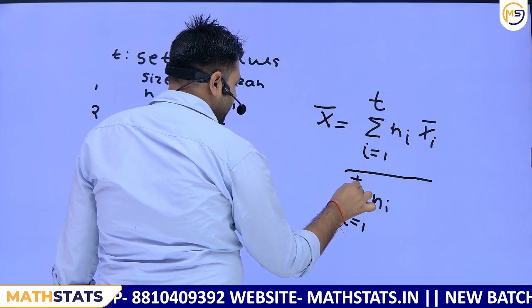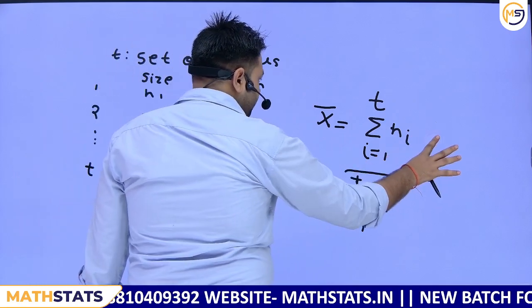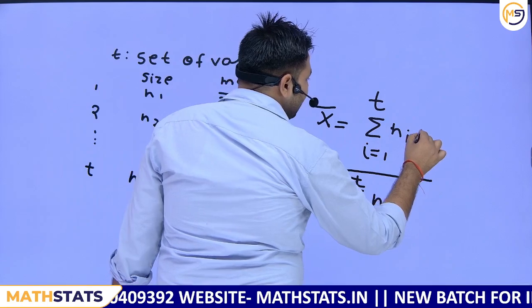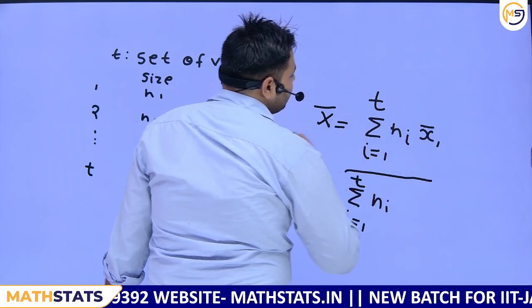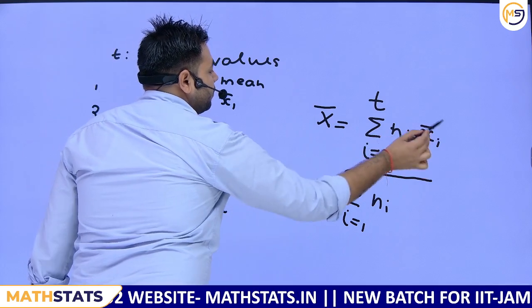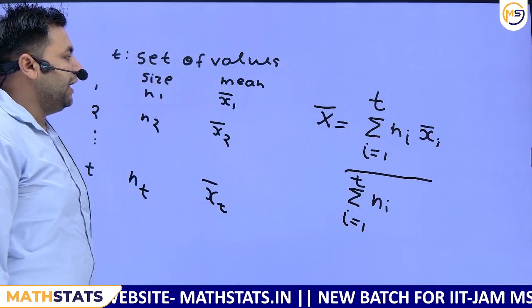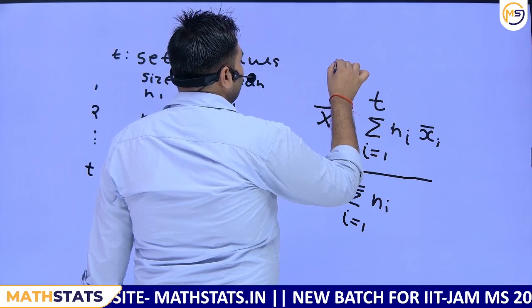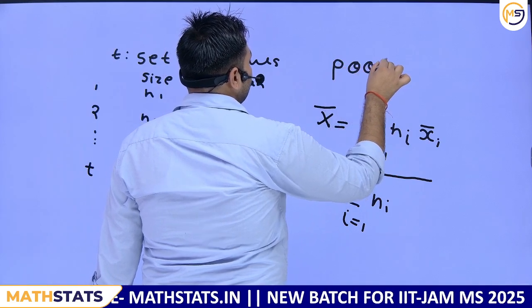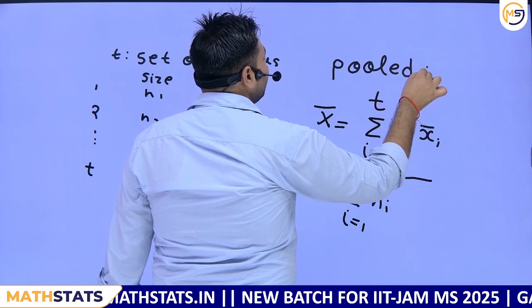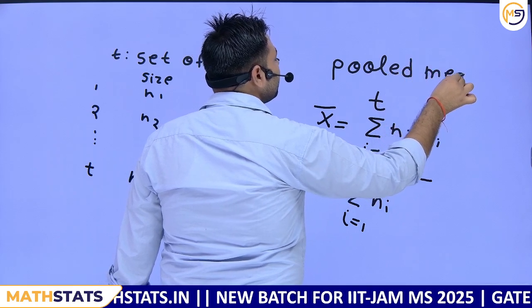Okay, this is t, and this is xi bar. So this is the formula. This is the pooled mean or combined mean, okay, right?